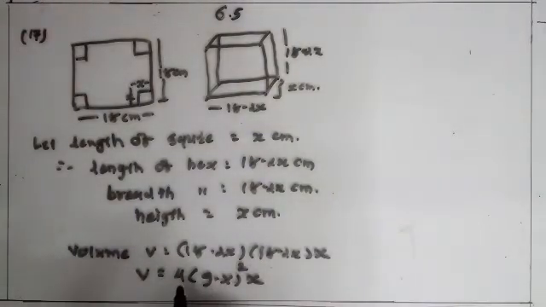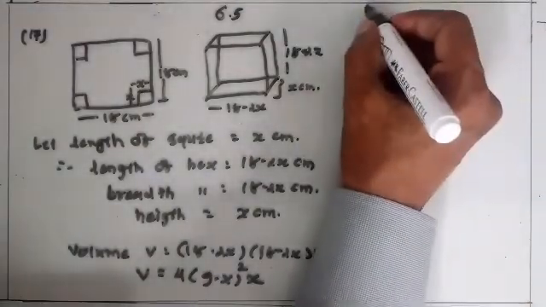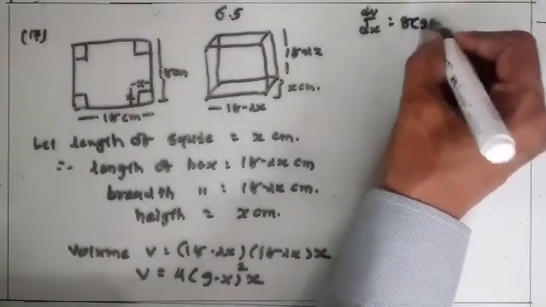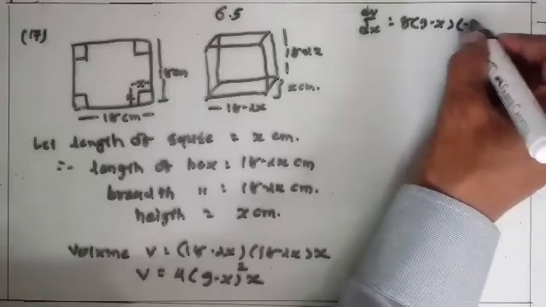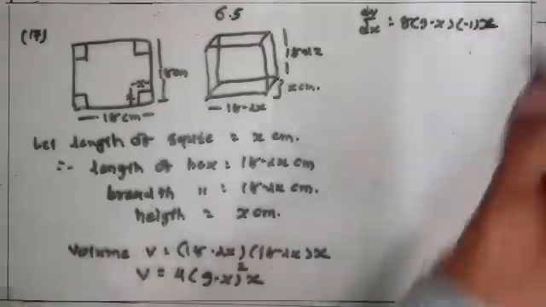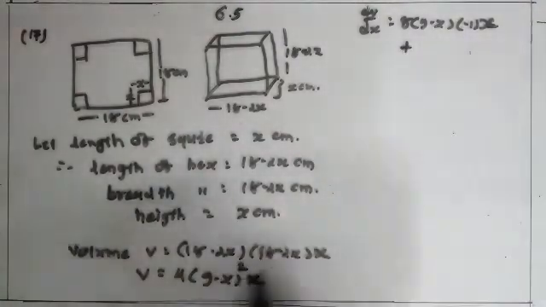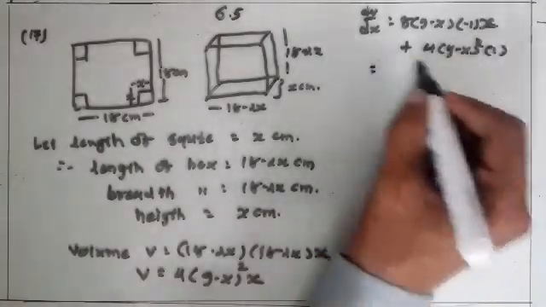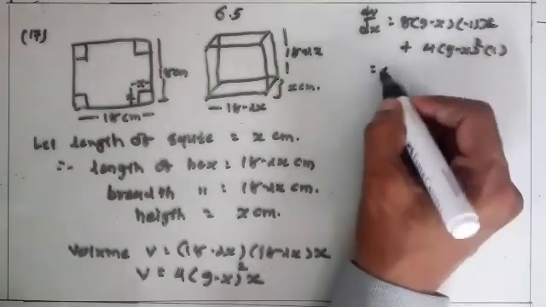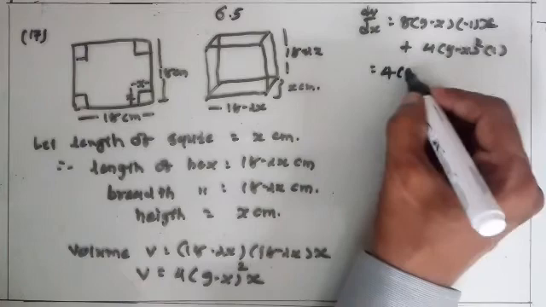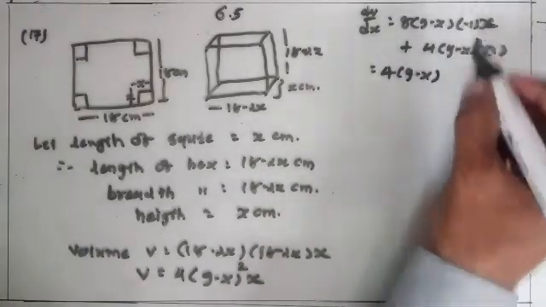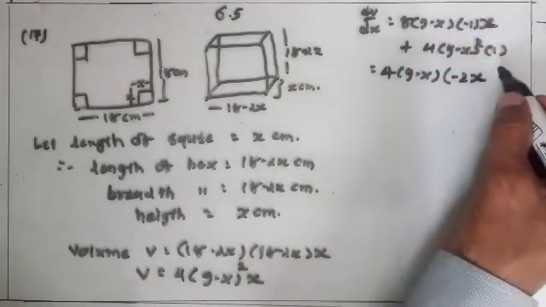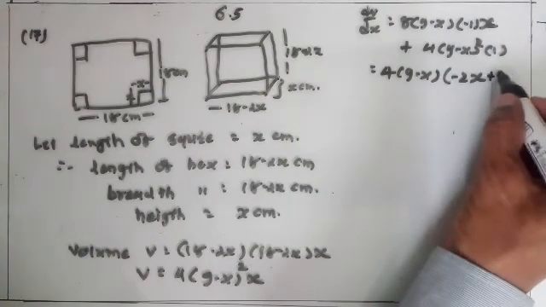Now to maximize volume, take the first derivative. dV/dx is equal to 8 into (9 minus x) into the derivative of (9 minus x), which is minus 1, into x, plus 4 into (9 minus x) square into the derivative of x, which is 1. Take 4 common from both, and (9 minus x) also common, so the remaining term in the bracket becomes minus 2x plus 9 minus x.